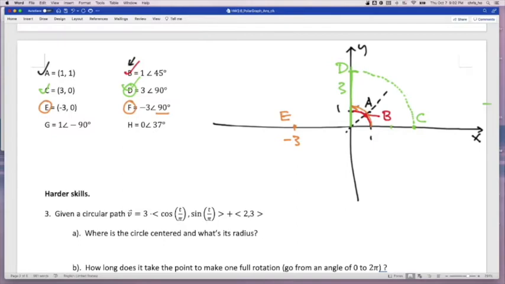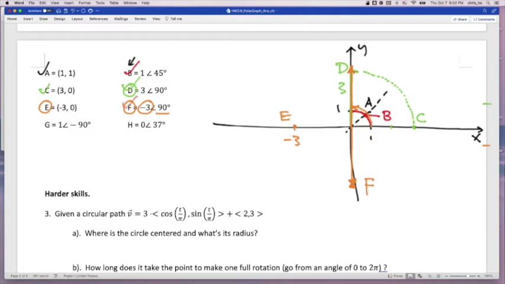Again, I'm using orange now. So the vector at 90 degrees is going to be pointing in that direction. But I have a length of minus 3. So minus 3 means I go backwards from the origin, in the exact opposite direction. So I need to go this way for 3 units. So that this point now would be F.